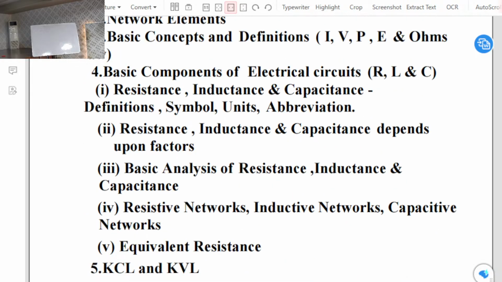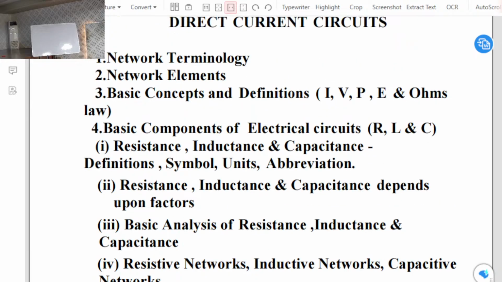We have divided the fourth topic into 5 parts. In the first part, we study the definition, symbol, unit, and abbreviation of resistance, inductance, and capacitance completely.